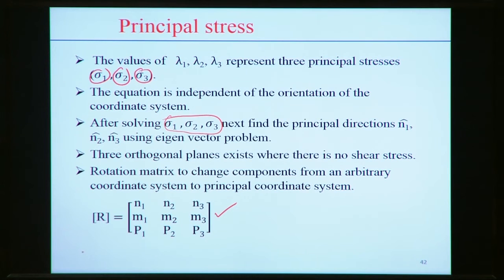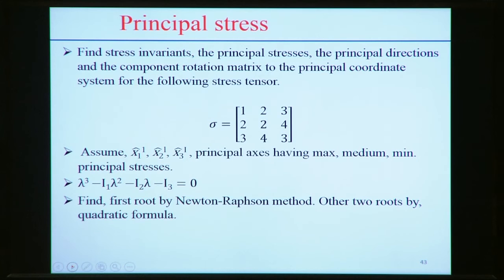Sometimes we use the rotation matrix to change the components from an arbitrary coordinate system to the principal coordinate system, and the rotation matrix is defined like this. So n1, n2, n3, m1, m2, m3, p1, p2, p3 define an orthogonal axis system, and using this rotation matrix we can define the direction of the principal stresses.